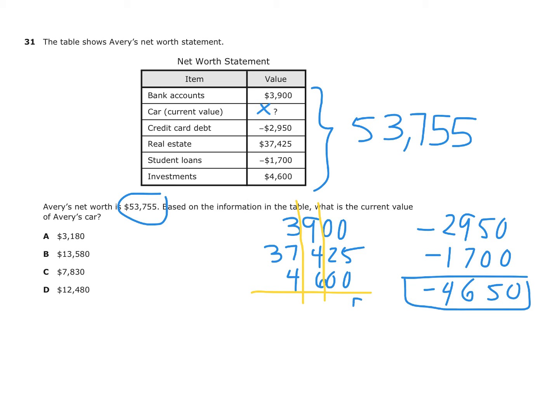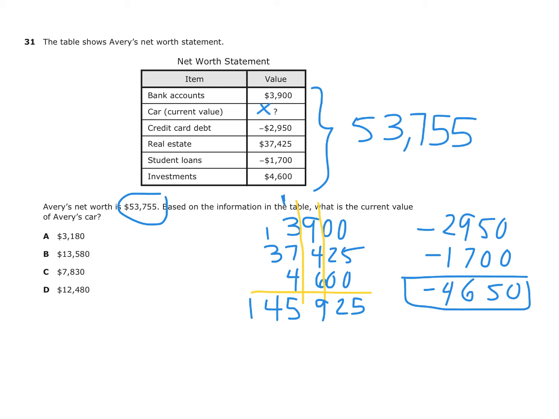We're going to have a 5 here and a 2 there. Then you add your 100, 600, 400, that's 10, and 9, that's 19. So then we carry a 1. 7 plus 4 is 11. 11 plus 3 is 14, plus the 1, don't forget the 1, that's 15. And then carry a 1. 3 plus 1 is 4. So 45,925 is what he has in investments, real estate and bank account.